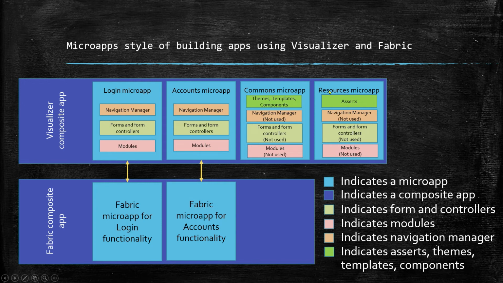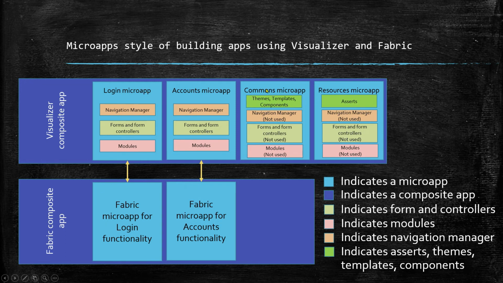Similarly, we would create a resources micro app which will have all the assets bundled into it, and those assets will be used by the individual micro apps. And in the resources micro app as well, we would not create any forms or form controllers or modules, because we are using the resources micro app only to hold the assets which can be commonly used across other micro apps that we are creating.